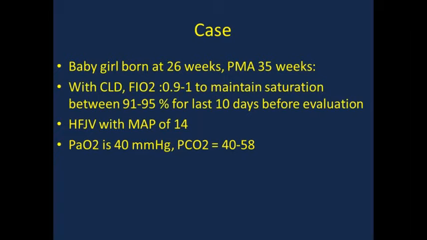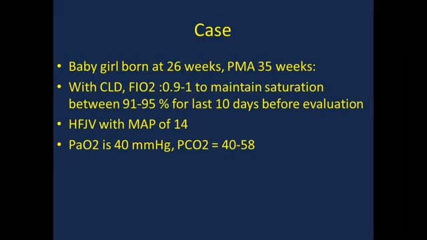A baby girl born at 26 weeks, post-menstrual age 35 weeks, with chronic lung disease. FiO2 90% to 100% to maintain saturation between 91 to 95% for almost the last 10 days. She stayed on 100% oxygen for almost 10 days.